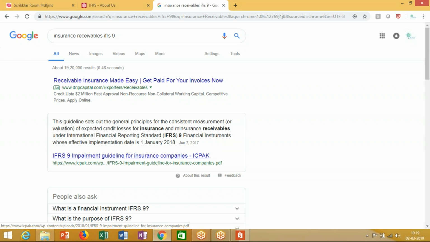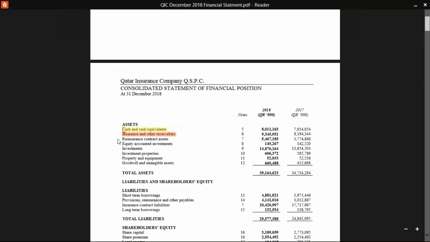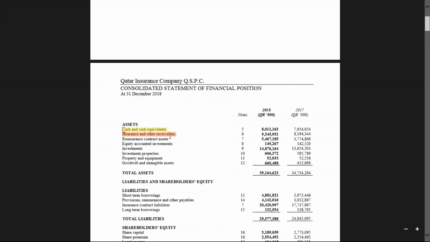So how is it that expected credit loss for insurance can arise, and what are reinsurance receivables? If you have a look into this asset, it says insurance and other receivables. Also, it talks about reinsurance contract assets. So these are the two important things that we need to look into over here.